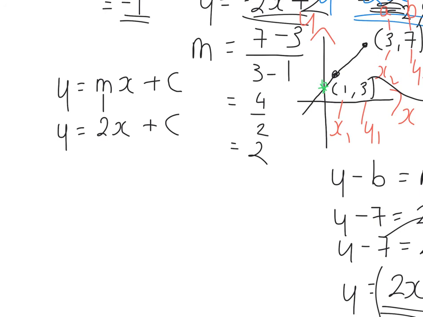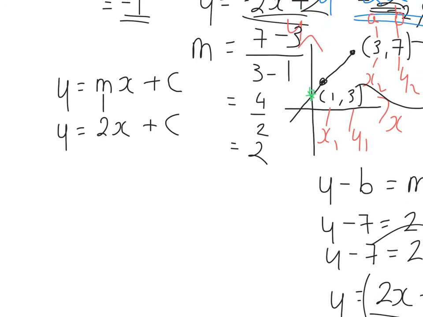Now the next thing that we can do is substitute in one of the points. Now again, it doesn't matter which one. We can sub in the point 1, 3 or the point 3, 7. So I'm going to this time choose 1, 3. Now where I see x, I'm going to replace that with 1 in the equation, and where I see y, I'm going to replace that with 3.